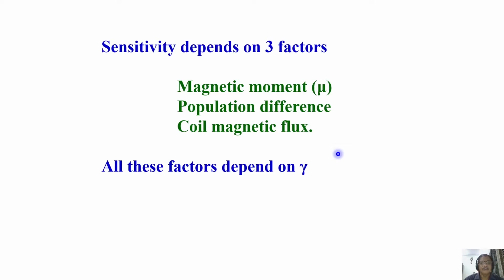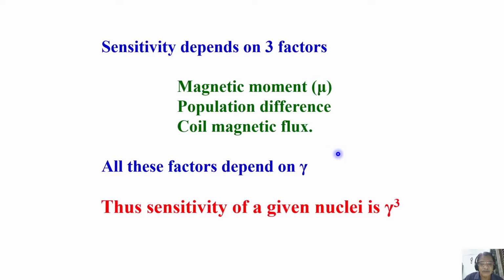All these factors depend on gamma, each of these individual terms depends on gamma. So, what does it mean? The total sensitivity thus is given by gamma cube, because each of them depends upon gamma.